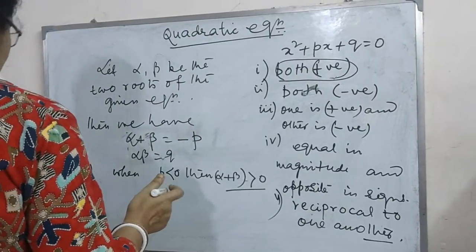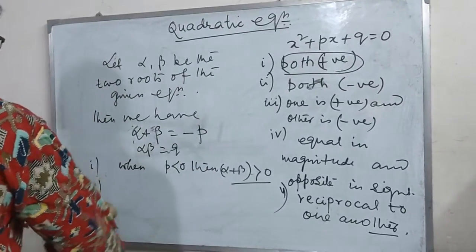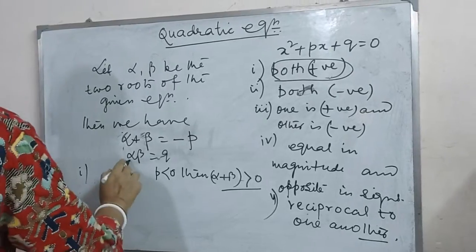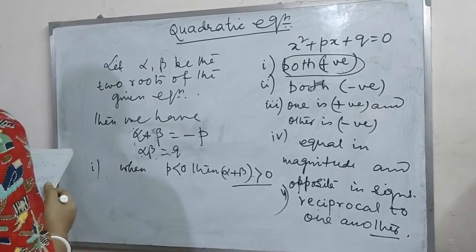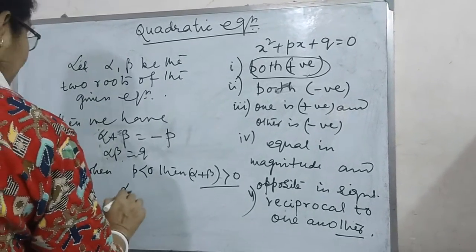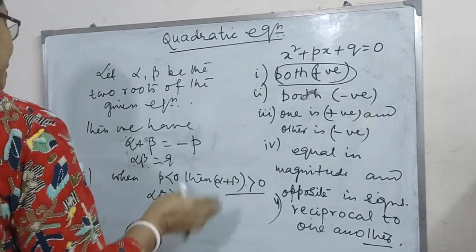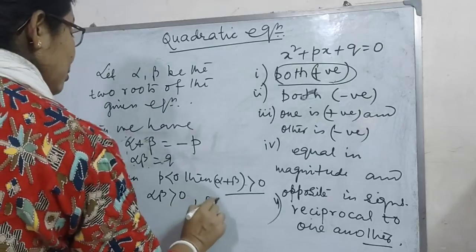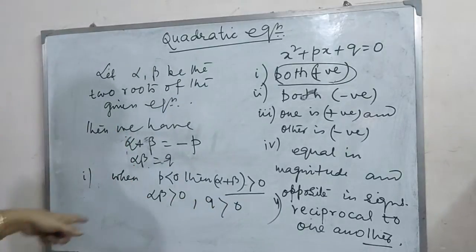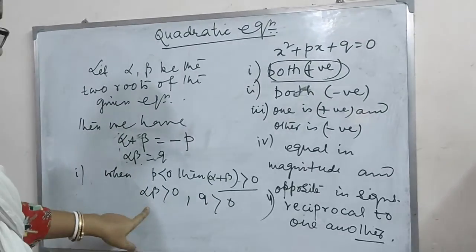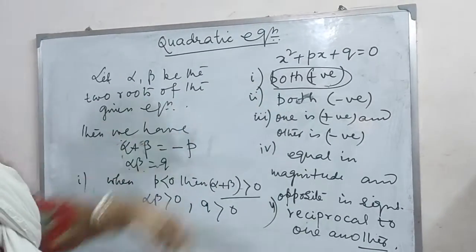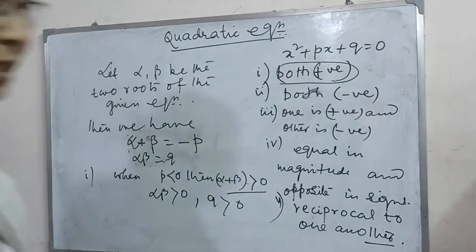Another thing is alpha beta equal to q. Both are positive, that means alpha into beta greater than 0, that means q greater than 0. Therefore, when p less than 0 and q greater than 0, then both roots are positive. This is first one.